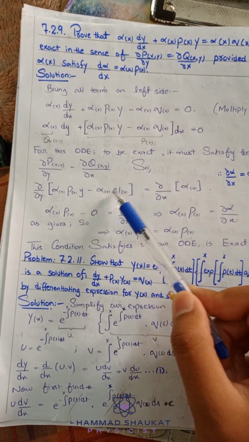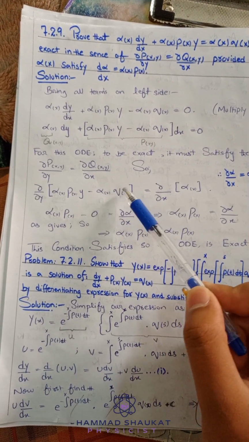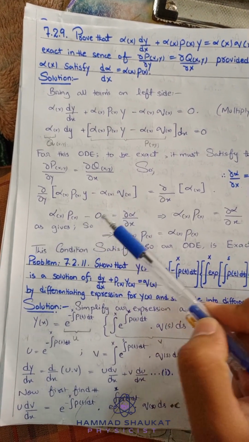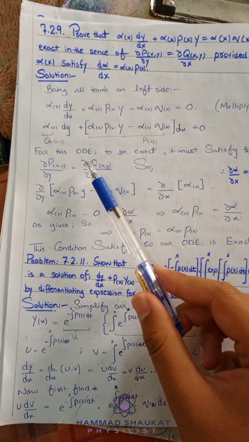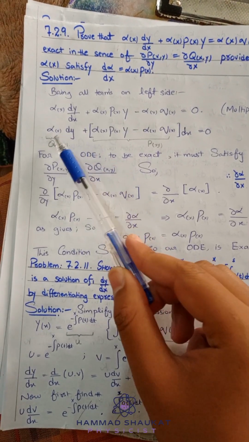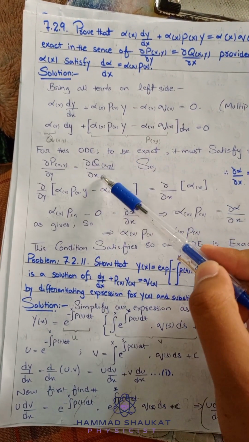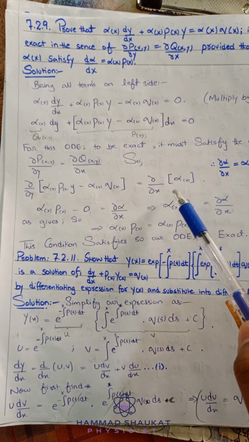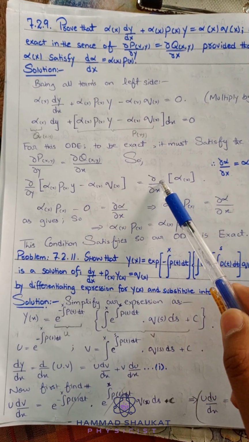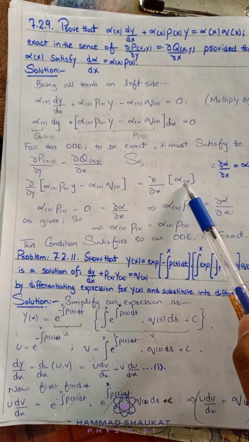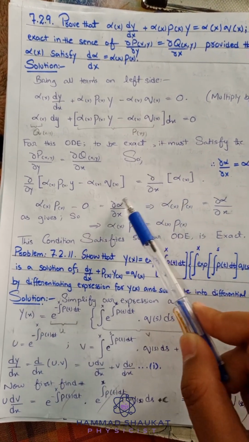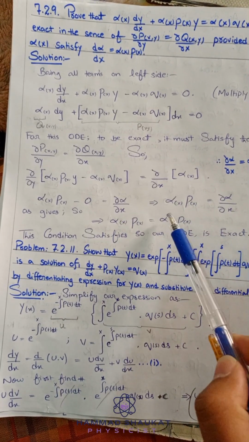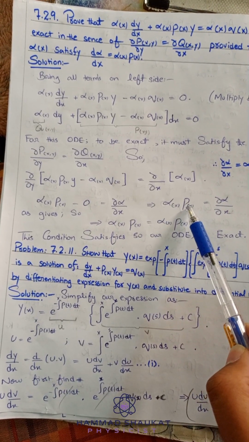And here there is no y, so its derivative with respect to y is 0. This equals the derivative of q, which is alpha, with respect to x, so partial alpha by partial x becomes alpha p of x.